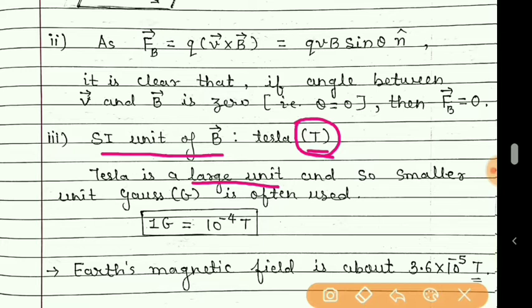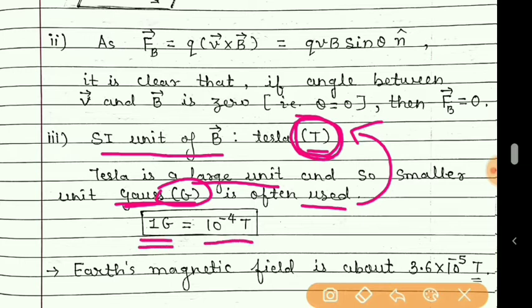A smaller unit called Gauss is often used, but whenever the value is given in Gauss, that has to be converted into Tesla. When there is a calculation in numericals, we have to use the Tesla unit and not the Gauss. And 1 Gauss is equal to 10 raised to minus 4 Tesla. So whenever the value is given in Gauss, we have to convert it into Tesla, which is the SI unit.